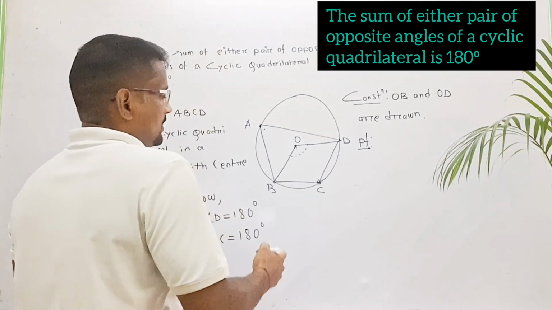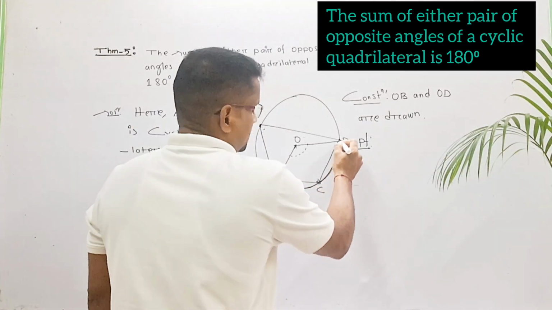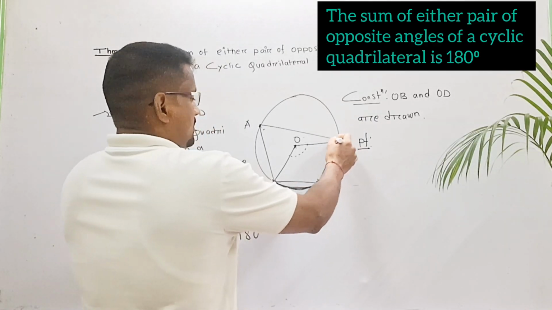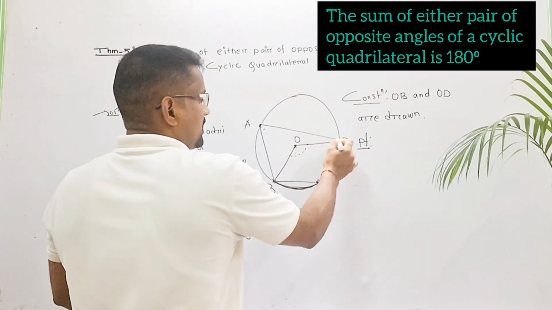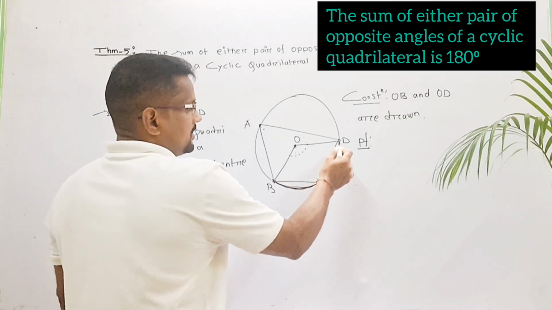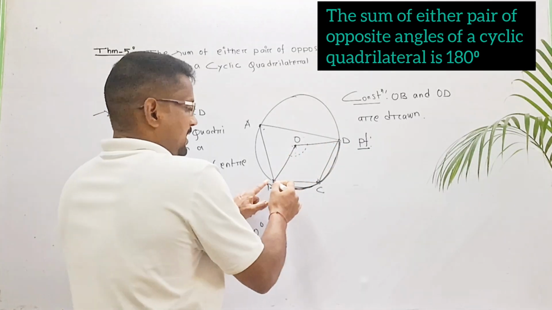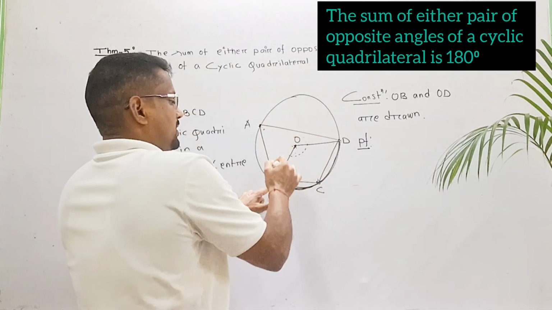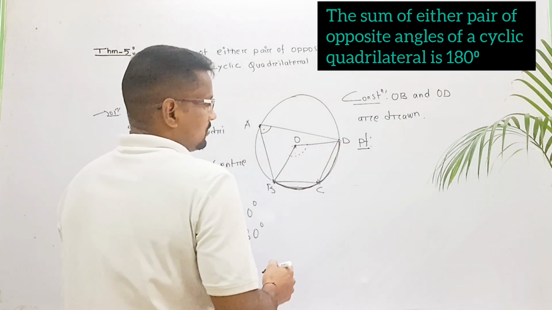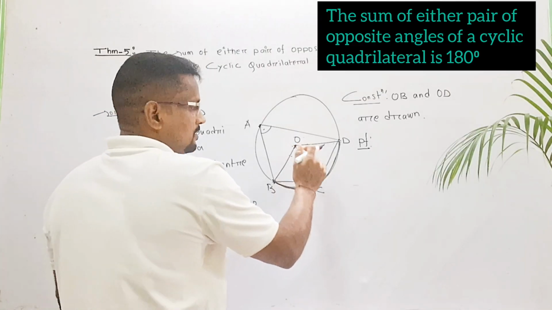So now you see here the arc BCD subtends the angle BOD at the center. What I told, that the arc BCD subtends an angle at the center, that is BOD, and the same arc subtends another angle on the circumference, that is your BAD. So you can say this angle is half of the angle at the center.